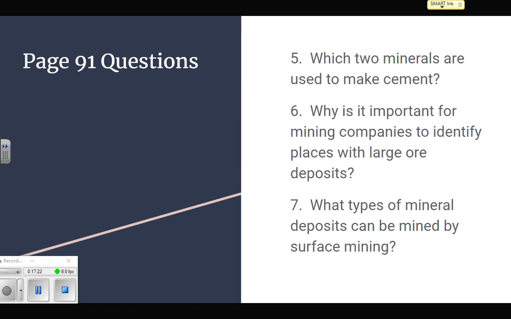Then miners separate the minerals from the other materials. Undersea mining. The ocean floor also contains mineral deposits. However, it is difficult for miners to gather minerals from beneath the ocean. Undersea mining is also more expensive than other types of mining.